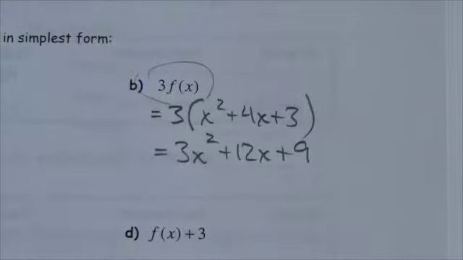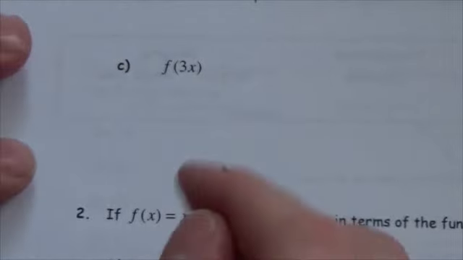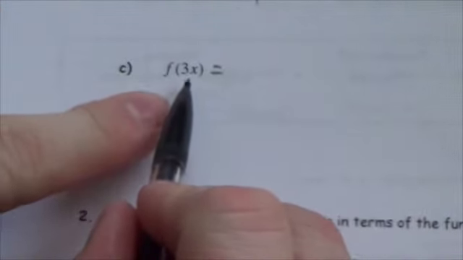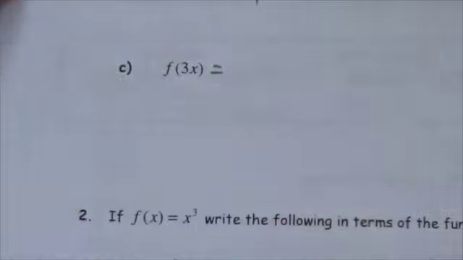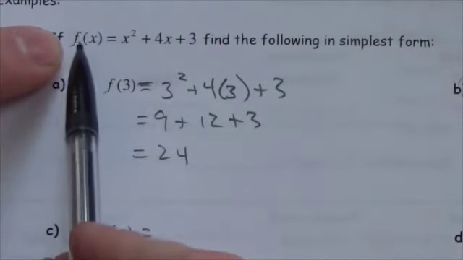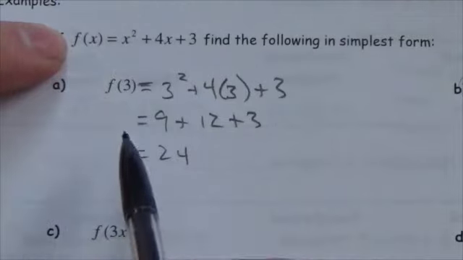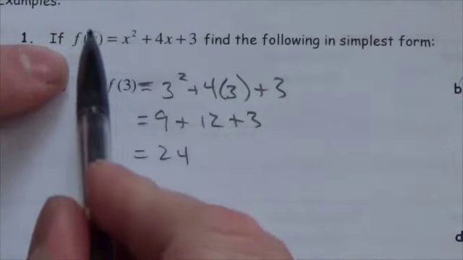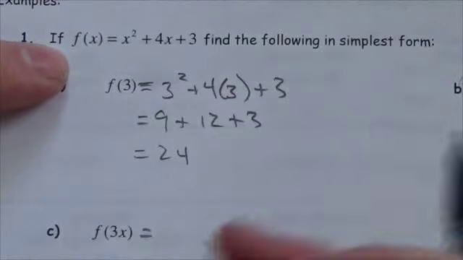This will become a big issue for people who assume that this behaves differently than it does. Down here, f of 3x. Again, people make weird assumptions about this. Now remember what my function does. The function is square the independent variable, add 4 times the independent variable plus 3. Whatever's inside the parentheses is the independent variable.